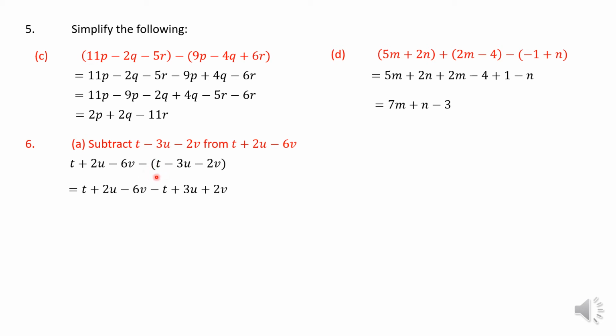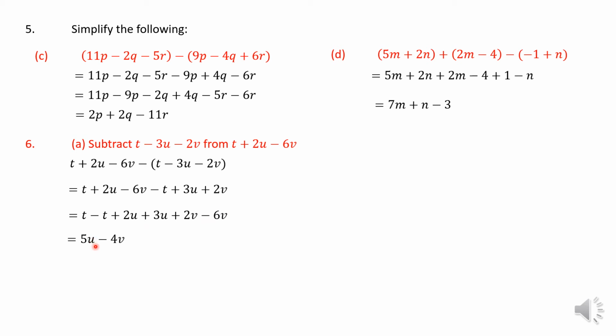My goodness, I'm saying bracket. Okay, so I have got t plus 2u minus 6v minus t. A negative and a negative gives you a positive 3u, and a negative and a negative gives you a positive 2v. Now when you collect the like terms, the t minus t, obviously they will cancel. Then you have the 2u plus 3u, okay, that will give me 5u, and minus 6v plus 2v, that's going to give me minus 4v.